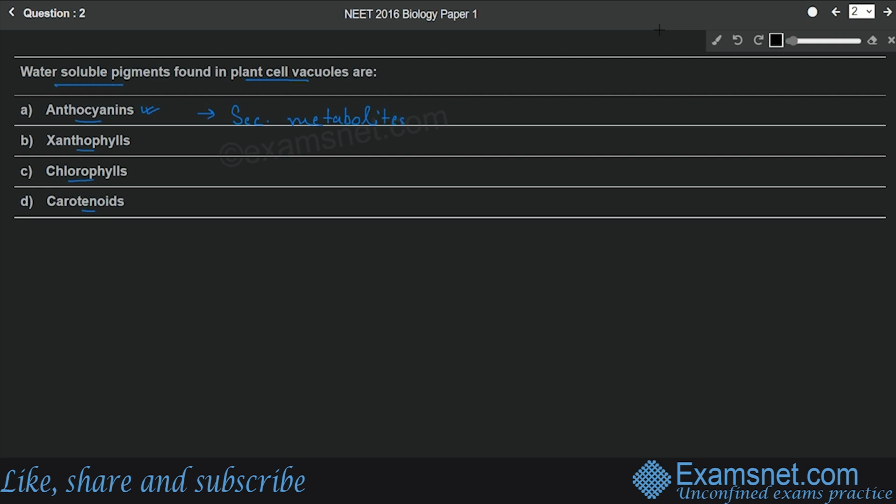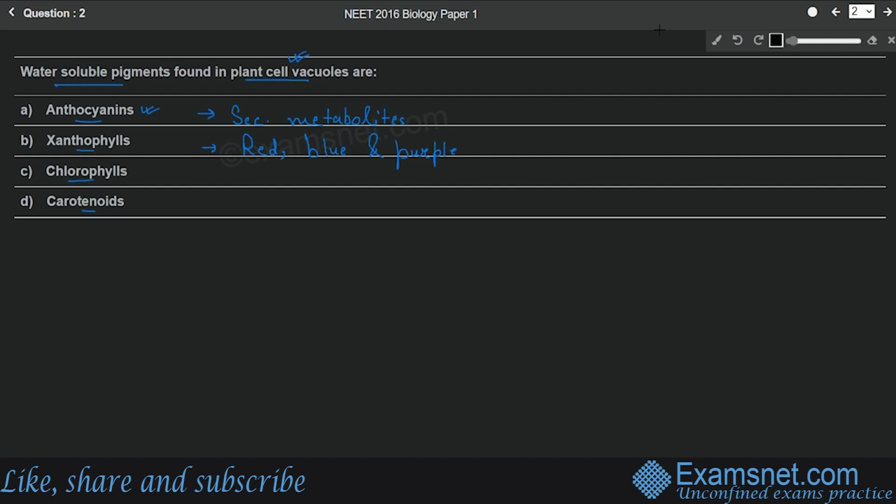And anthocyanin is found in the plant cell vacuole as mentioned in the question, and it is responsible for the red, blue and purple color of flowers, fruits or vegetables, etc.